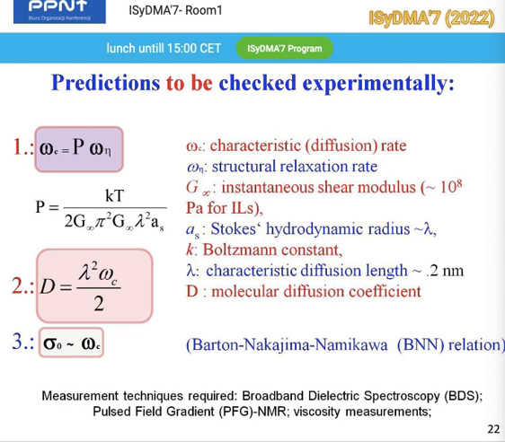It's immediately clear that in order to check these equations, we have to combine quite different methods. For instance, in order to measure omega eta, we need viscosity measurements. In order to measure the mass diffusion coefficients, we need a special NMR technique, the pulsed field gradient NMR technique. And in order to measure the conductivity and omega C, the hopping rate, we need broadband dielectric spectroscopy.